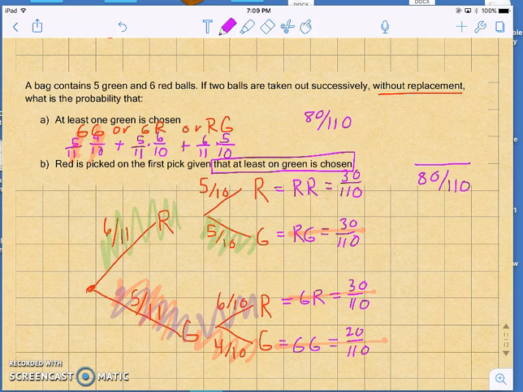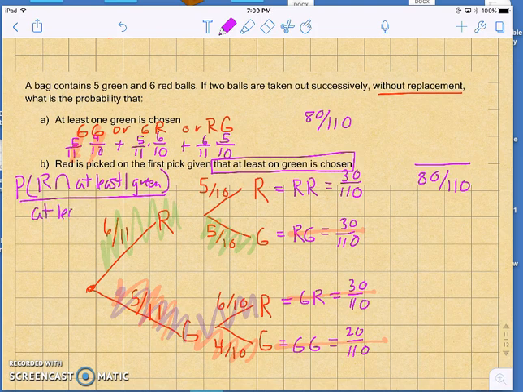But then we need the probability of both, because conditional. So remember, this is the probability of both, so red and at least one green, over our given at least one green. So red and at least one green.